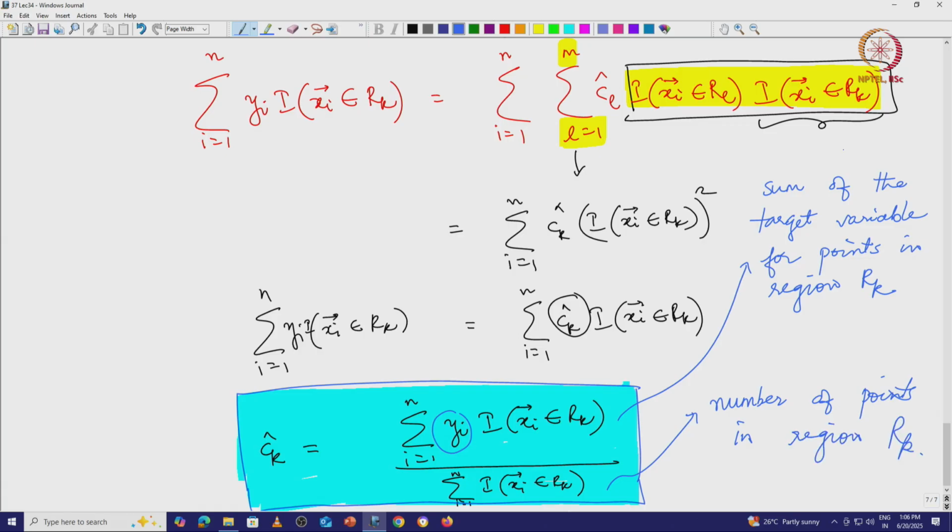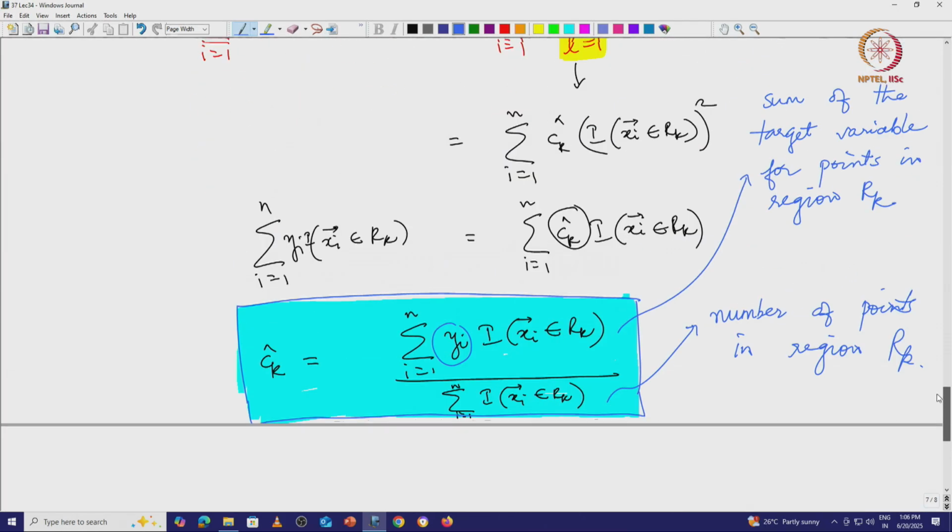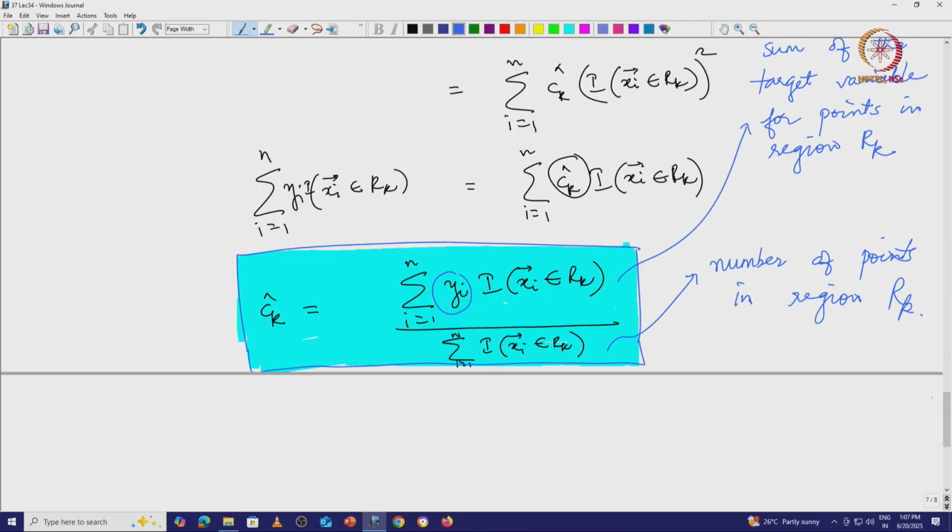That is beautiful, right. What happens if you take the sum of a variable divided by the number of times that variable was measured, that is simply the average value. So, in other words, Ck hat is simply the average value of the target variable over all the points that lie in the region Rk.